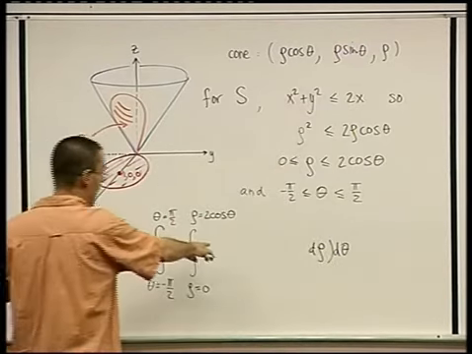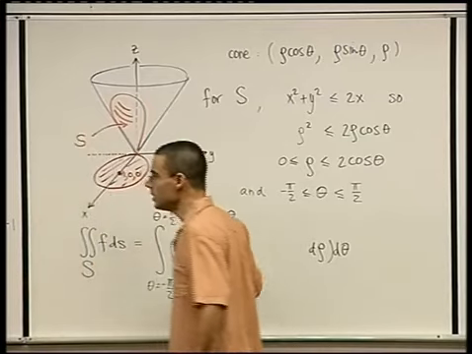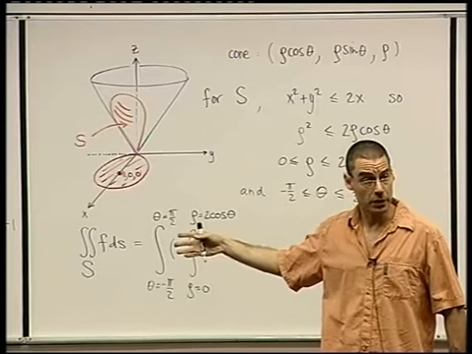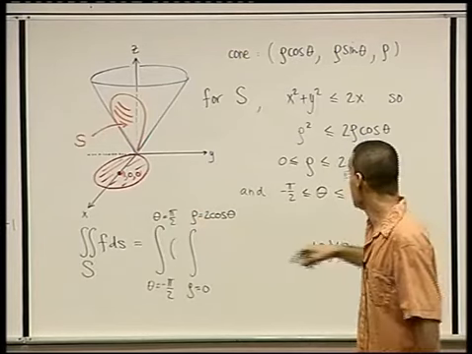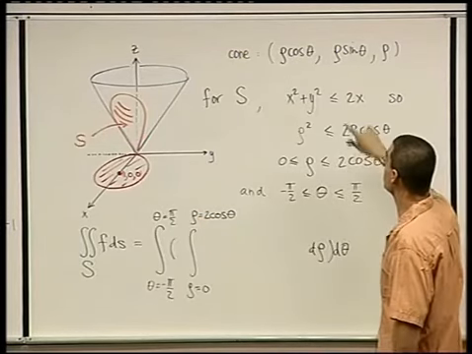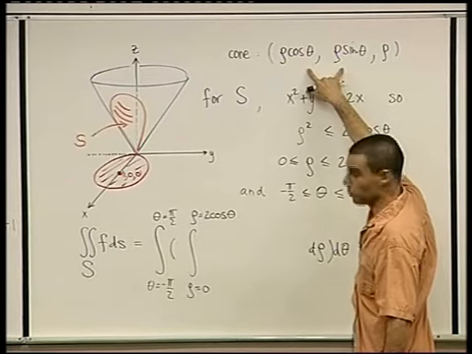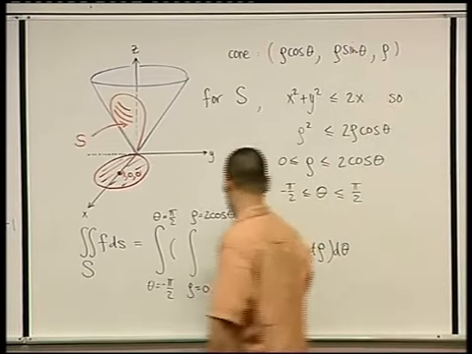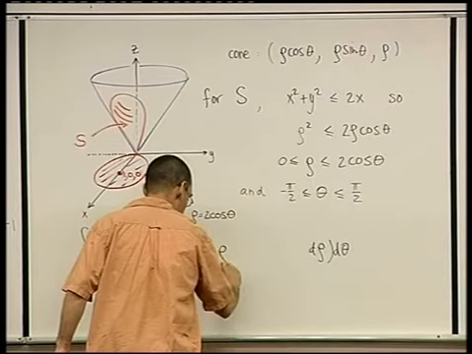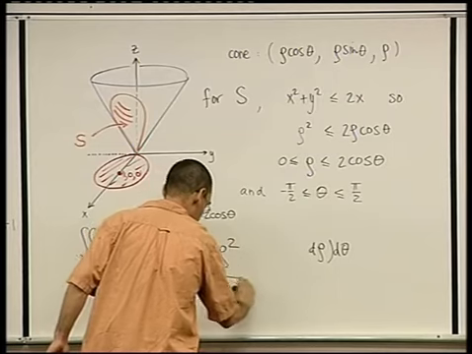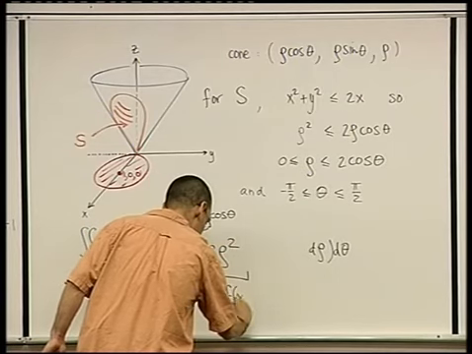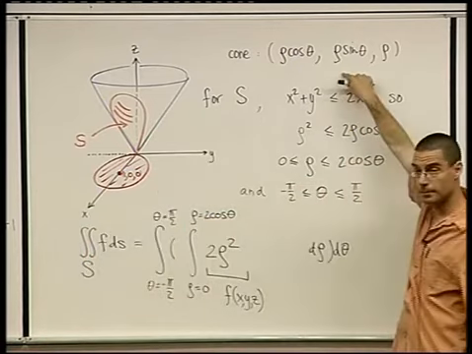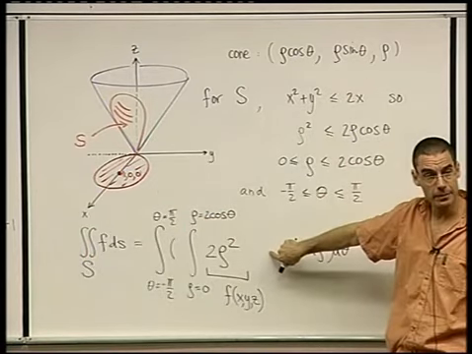And now I need the function. The function was f of x, y, z equals x squared plus y squared plus z squared. That was the data for this example. So x squared plus y squared is rho squared plus z squared plus another rho squared. So there's a 2 rho squared here. So this is f of x, y, z evaluated on the parametrization. And what do I have to multiply by?